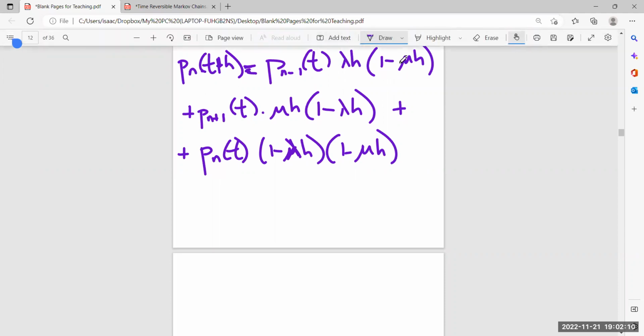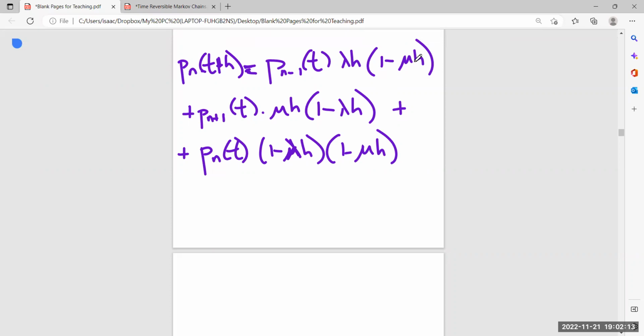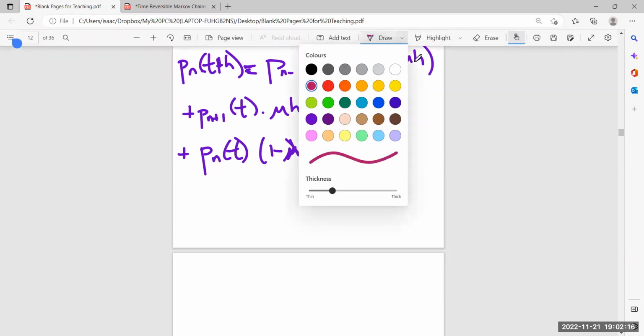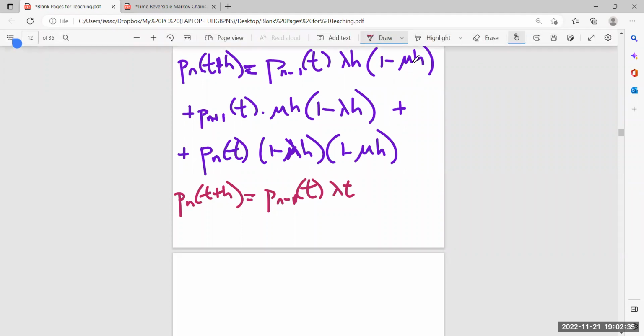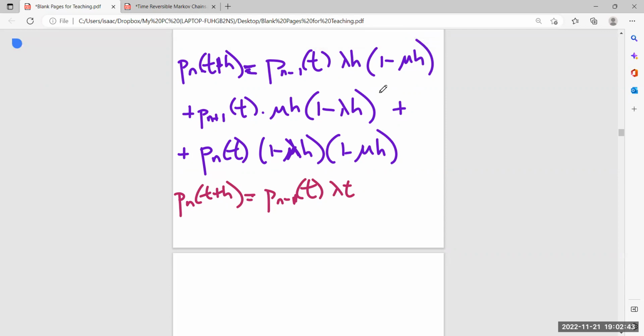So if we multiply these things out, Pn(t+h) is equal to Pn-1(t) multiplied by lambda h. I wouldn't put down the other part because that would be h squared. So only terms that have h.